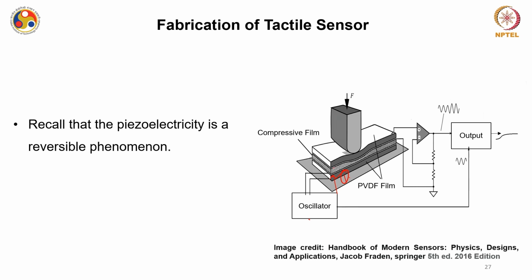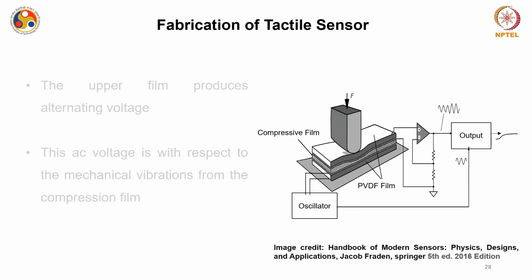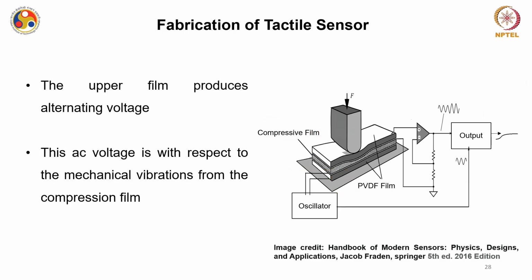This mechanical deformation is transferred to film 3 via the second film, which is a compressive film. The mechanical structure changes in film 3, and since this piezoelectric behavior is reversible, the upper film produces an alternating voltage, and this AC voltage corresponds to the mechanical vibration from this compressive film.